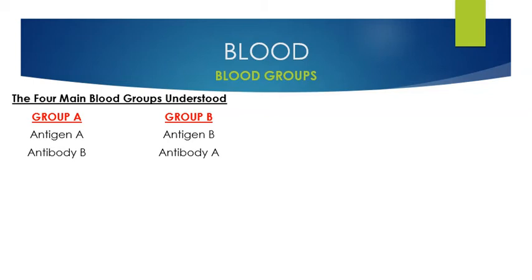Then the antibody is simply like the opposite of that name. So if we've got antigen A in group A, like we have here, then we'll have antibody B. For group B, we've got antigen B, while we've got the opposite of B, which is antibody A.